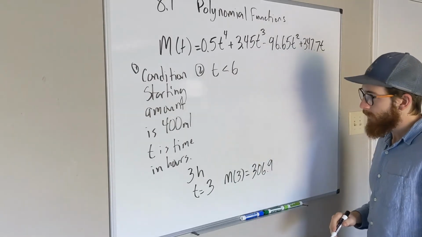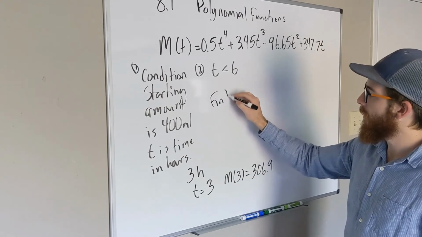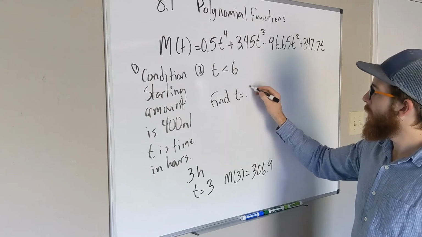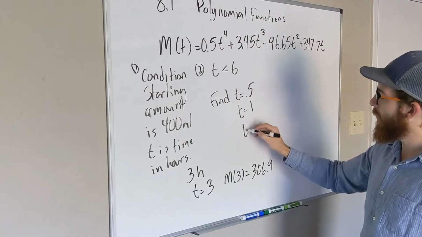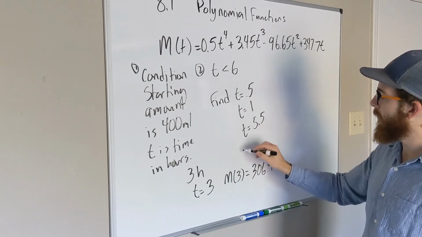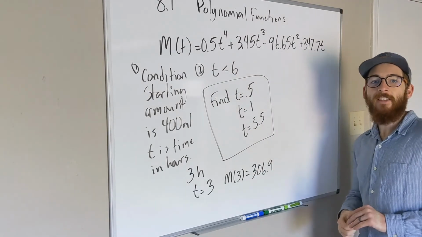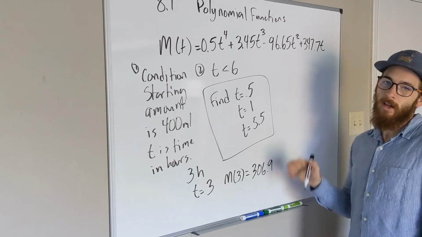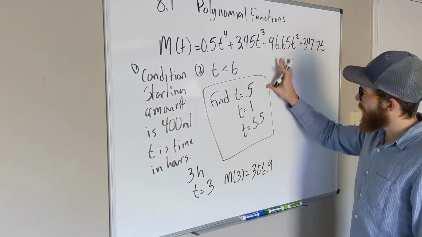It doesn't correctly tell the information we want after time of 6. So if I ask you, find time of 0.5, time of 1, time of 5.5, find those 3 things. Pause the video real quick, and then I'll put the answers here and you can see them.